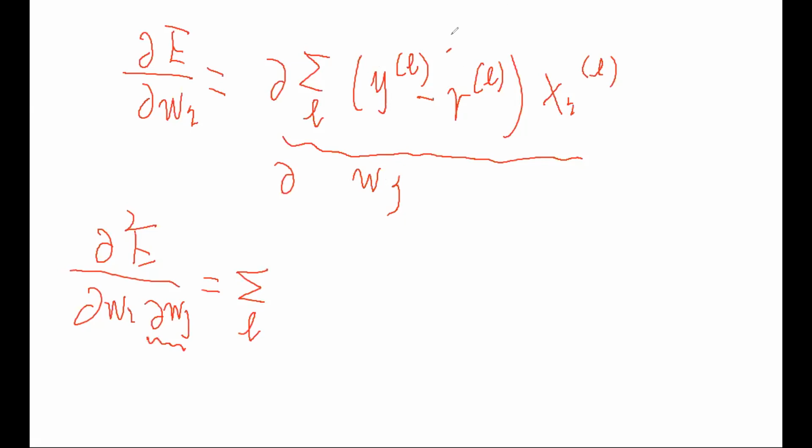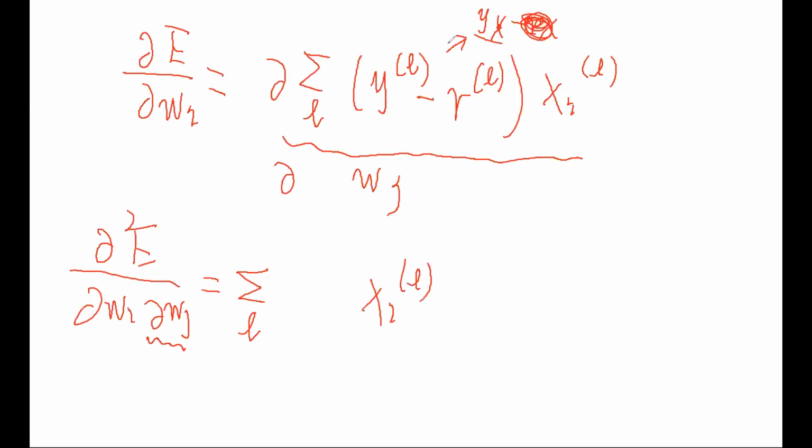In Y, the sigmoid of A. So basically we are saying this is YX minus RX, and we take the derivative with respect to Wj. If this term has no W, it's gone. So we are just taking this term. The X term is also irrelevant, you can write XIL.